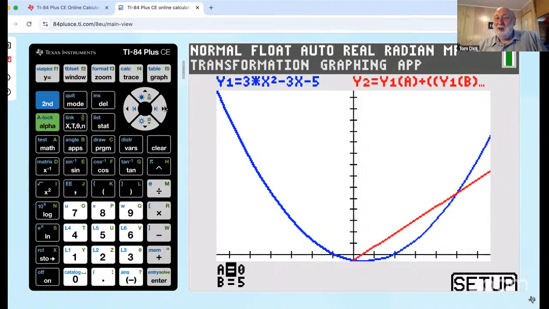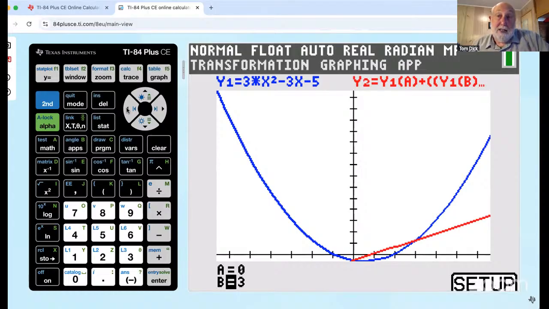I increment to 0, now I get a different secant line. I could change B by arrowing down to B. Now I'm going back, I'm using the left arrow key to make those different values. So you could explore tons and tons of different secant lines.